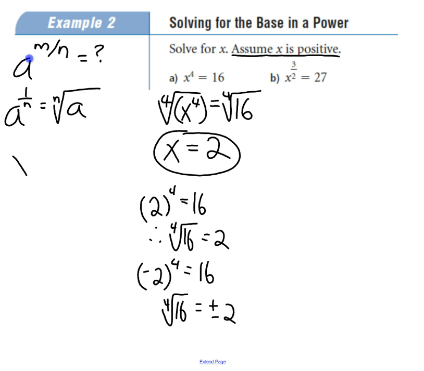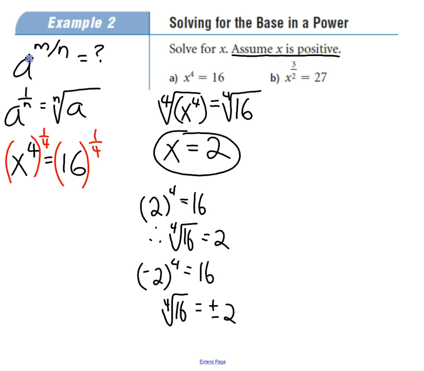Now, that was applying the fourth root. Another way we can show this is to take both sides as written and raise both sides to the exponent 1 over 4. This directly shows why the fourth root undoes the exponent of 4. Which exponent law applies here?